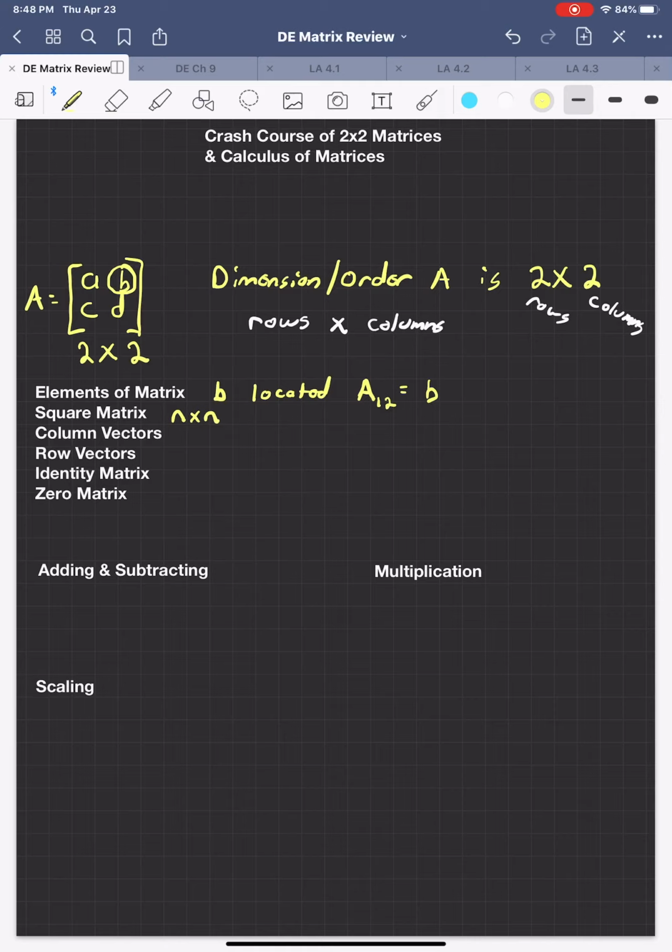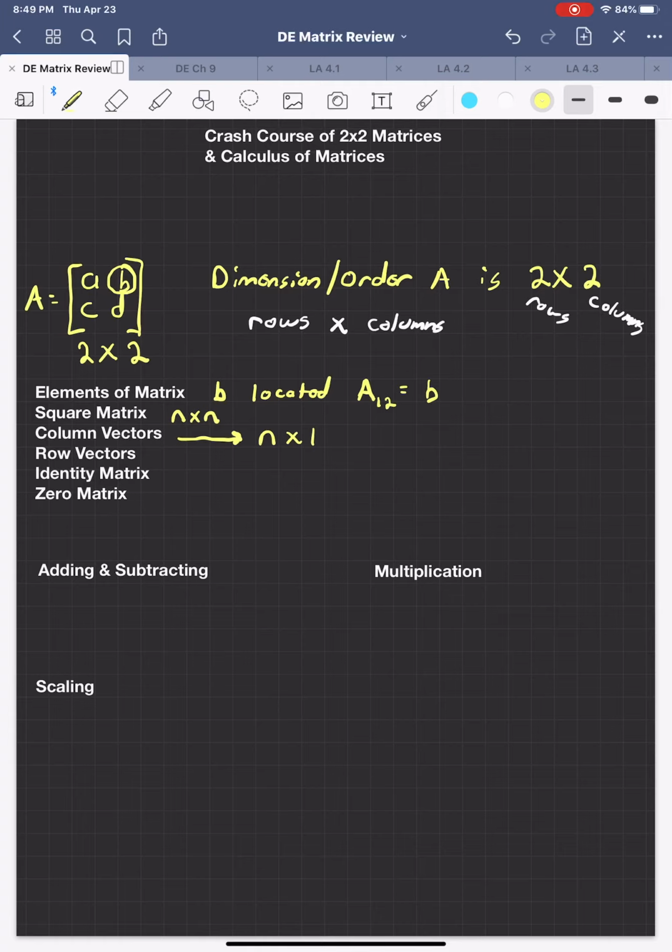Now, the vectors. We can think about vectors as columns, or we can think about vectors as rows. A column vector would be an n by 1 matrix, meaning n rows with 1 column.